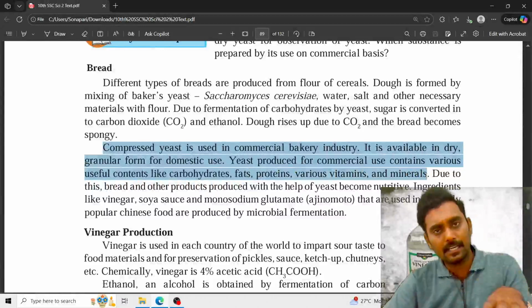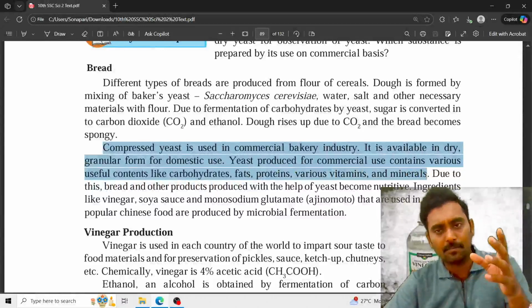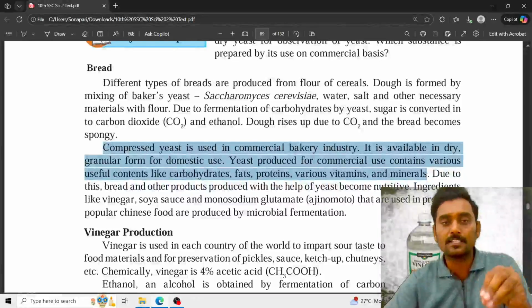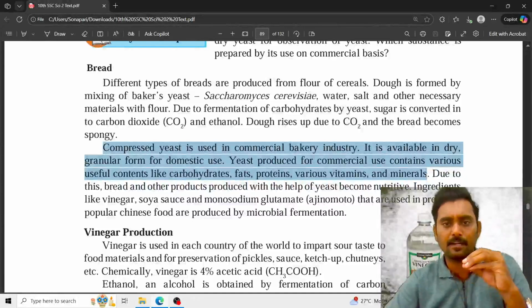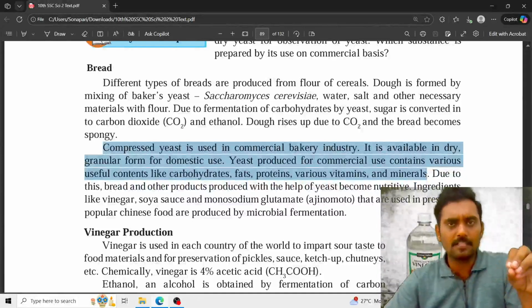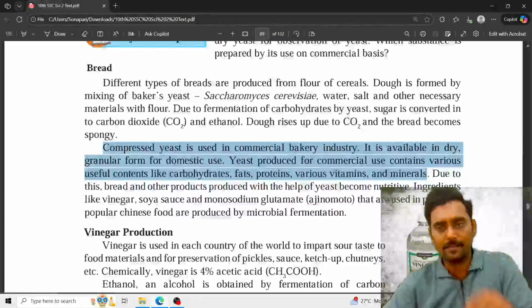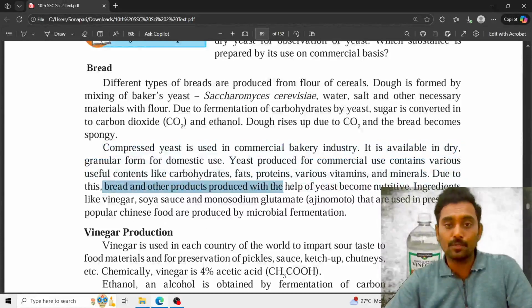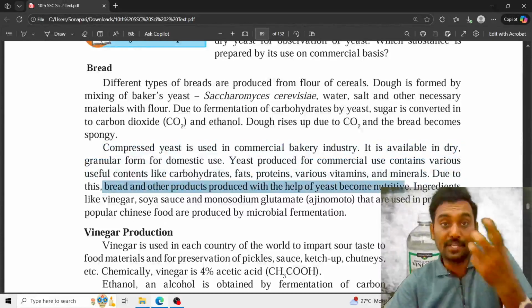Due to this, bread and other products produced with the help of yeast become nutritive.